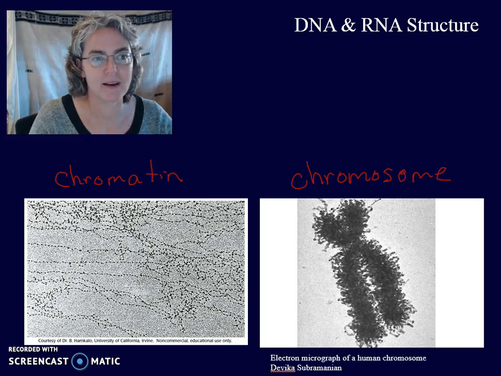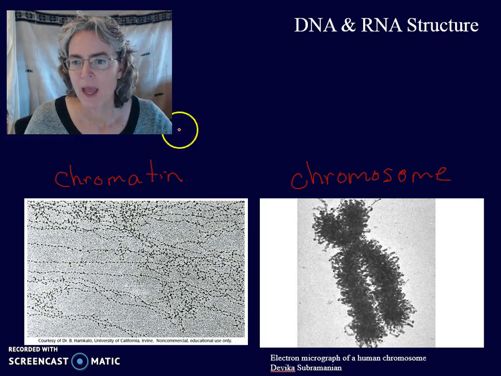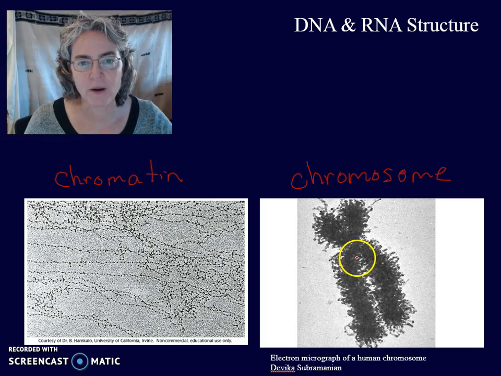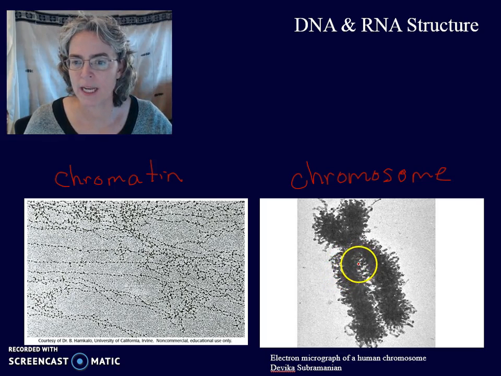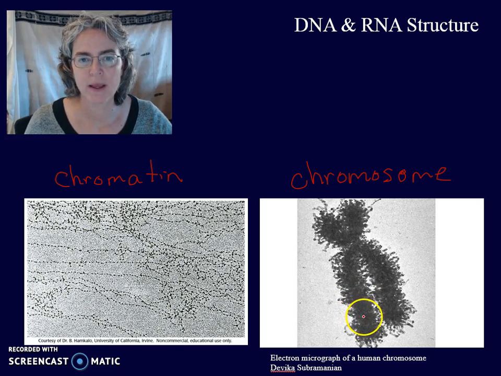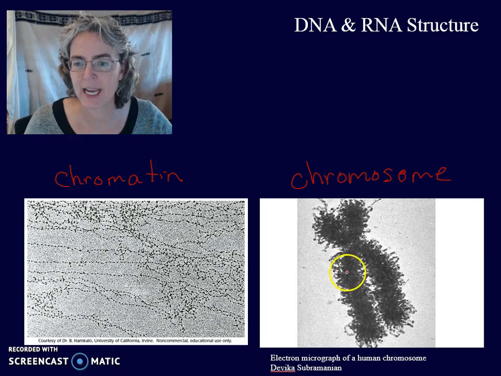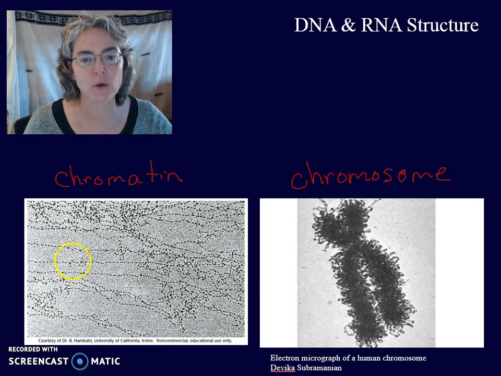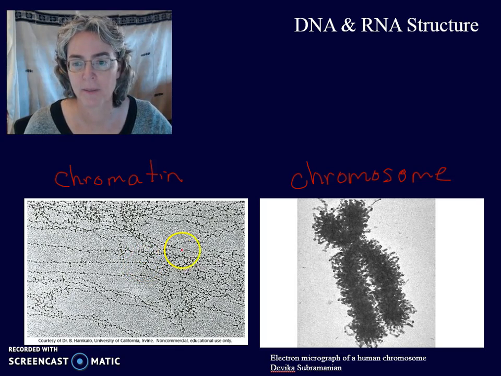In this form right here, where our DNA is folded and wrapped up, it would be very difficult for proteins to get in here and replicate the DNA. So it's easier to be in chromatin form for replication.